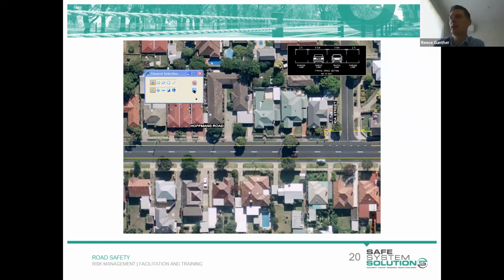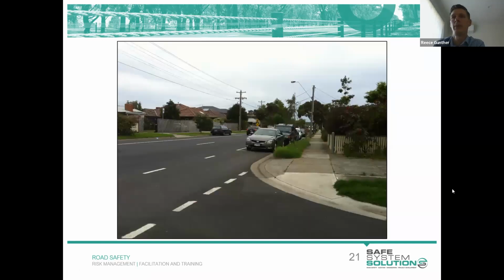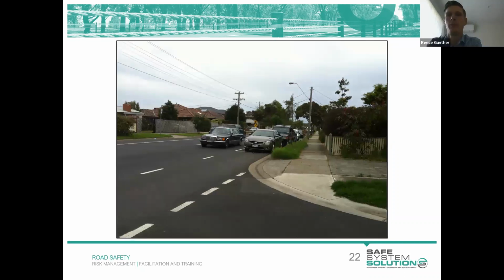And we went out on site to get a bit more appreciation of the road environment. And this is what we found. So essentially, the on-street parking was implemented, and as a result, we've now got a sight distance issue at this particular intersection.